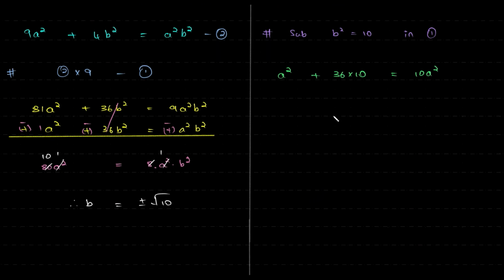And then we have a bit of rearranging. So this is 1, I'll transpose. So that will be 9 a square is equal to 36 into 10. I'm not multiplying because I can do this. So again, we have a square is equal to 40. Anyway, we need a square in the equation, so let's not take the root.